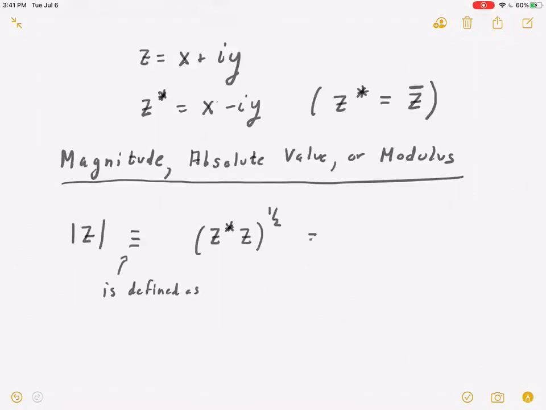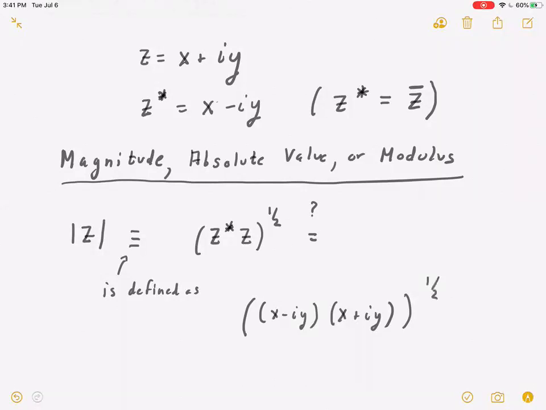So let's see what this is. Well, let's start with z first. I know what z is, right? It's x plus iy. I know what the complex conjugate of z is. It's just what you get if you replace i by minus i.